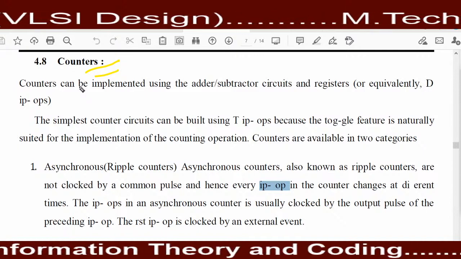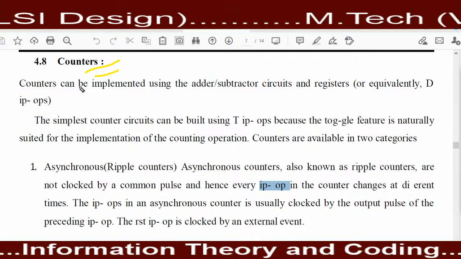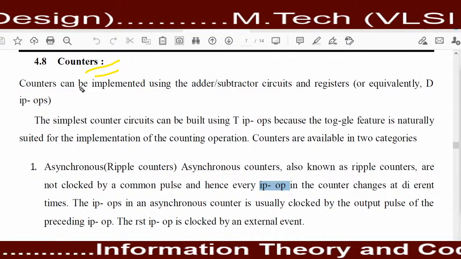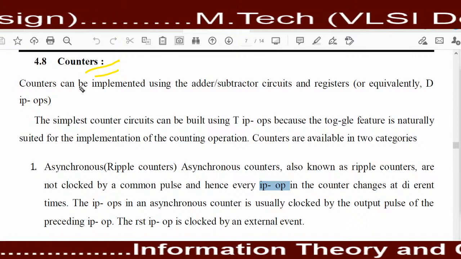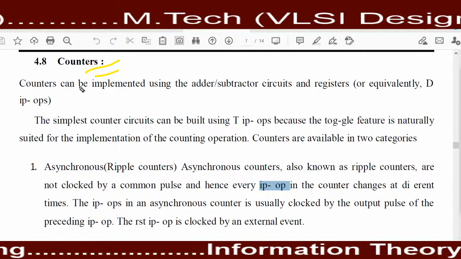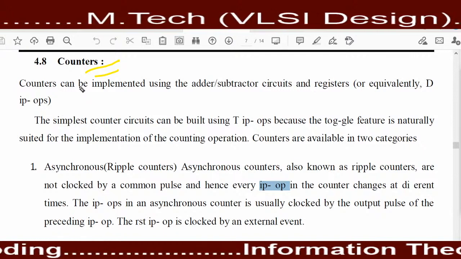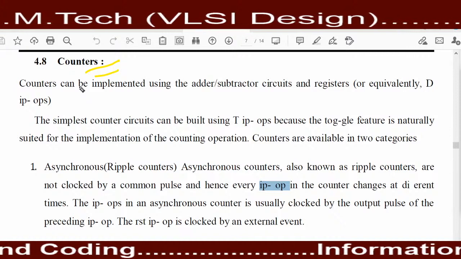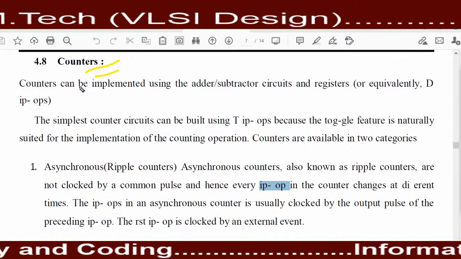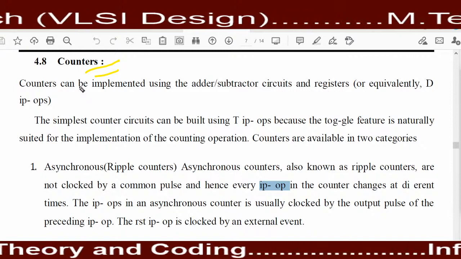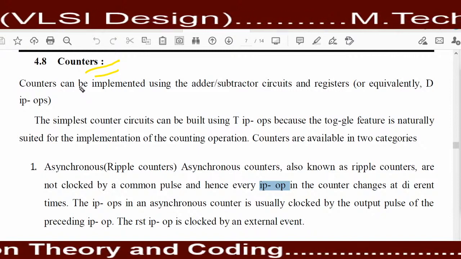Okay, so we already studied this topic in our digital electronics, that for making a counter we need flip-flops, because a flip-flop is a memory storage element. It stores 1 bit of memory. Okay, now how can we make these flip-flops? Any flip-flop can be made by combining various logic gates.